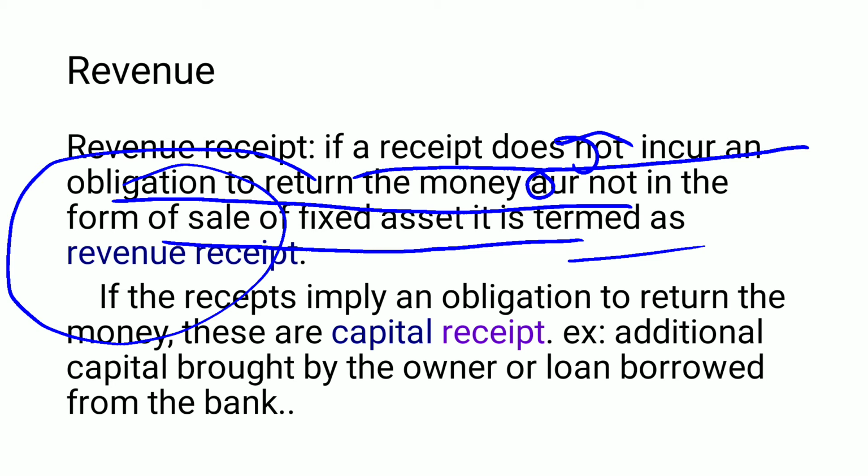Whenever something is sold, in return we usually earn the revenue. A building is sold to a customer, and the customer will make the payment of that building's value. When we receive the revenue, if there is no obligation to return the money, then that is treated as revenue receipt.